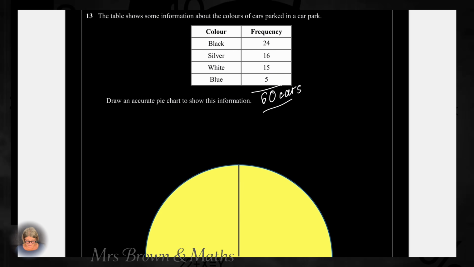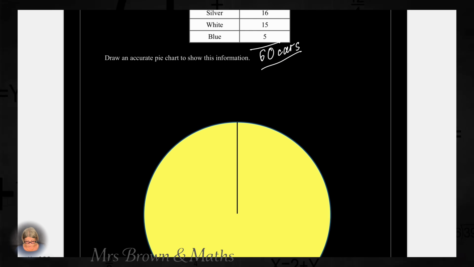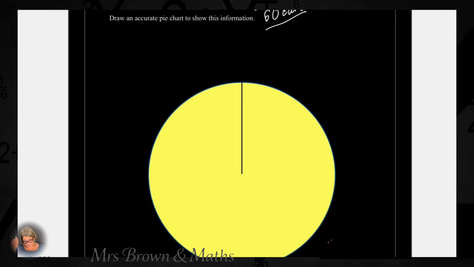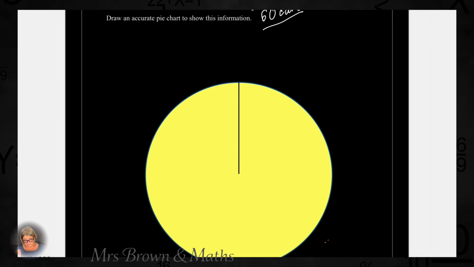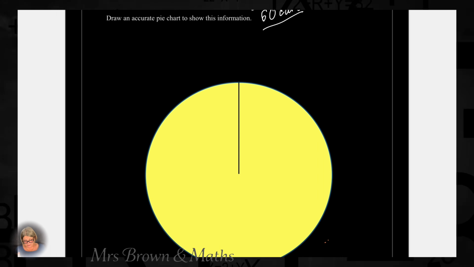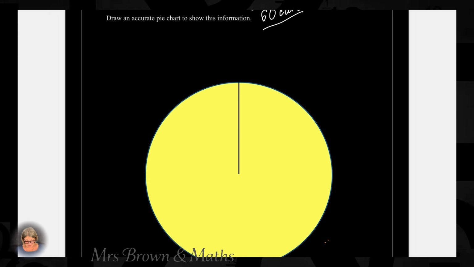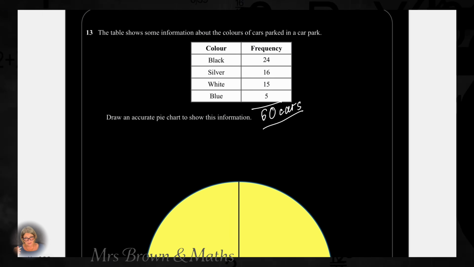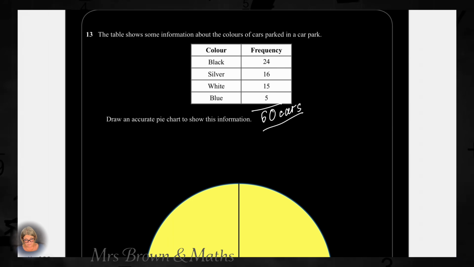Right, pie chart. Angles from the point add up to 360. So how to work out how many degrees go for each car? 360 divided by 60.